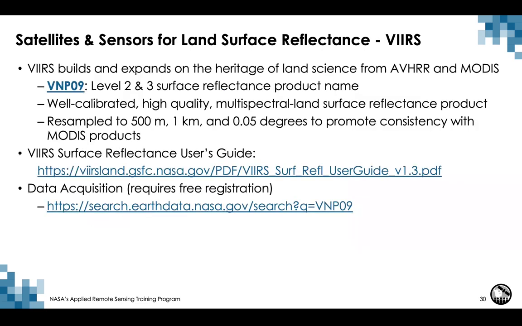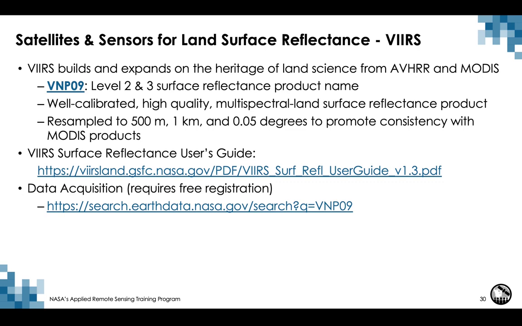VIIRS land surface reflectance products build on the heritage of land science started with AVHRR and MODIS. Products are resampled to 500 meters, 1 kilometer, and 0.05 degrees to promote consistency with MODIS products. The tile numbering scheme and boundaries for VIIRS products are the same as they are for MODIS.